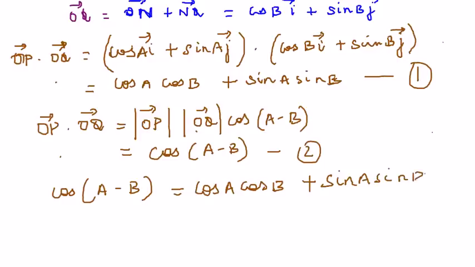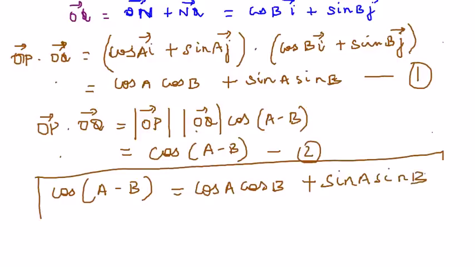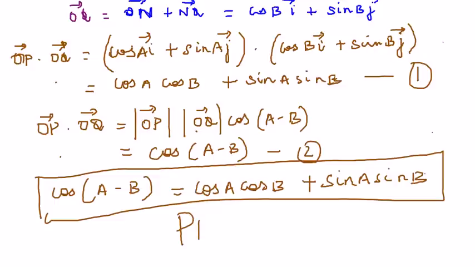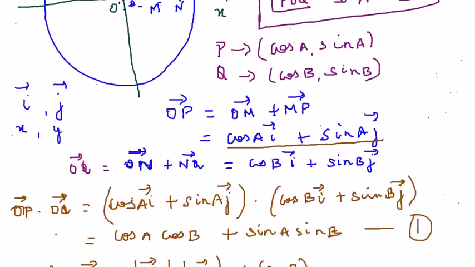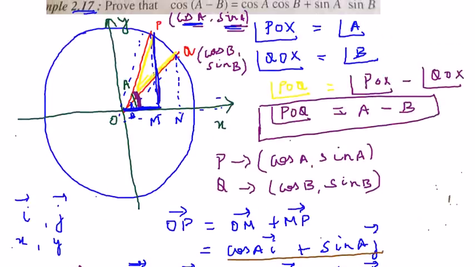So it is proved. The very important thing in this sum is the diagram and understanding it. If you have to prove cos(A minus B), you have to take the dot product and prove it.